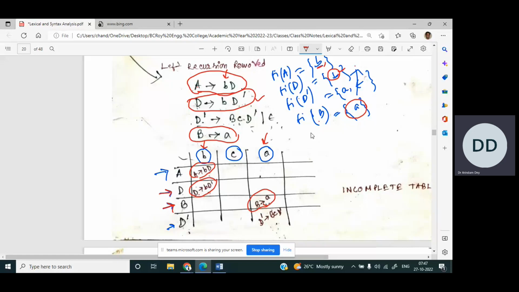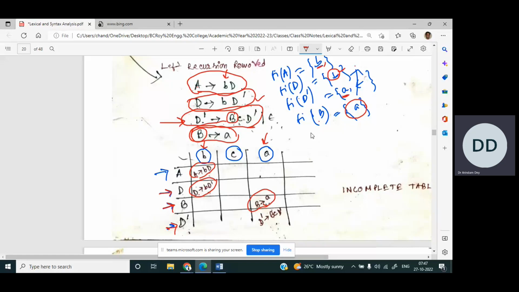Now for the last variable D dash, here for D dash we can find two values, either a or epsilon. I said I may consider, I may not consider epsilon. There is a reason. For the first of D dash, if I consider only a, then a is generated by this production D dash to B C D dash, because first of D dash means first of B, and first of B means this one, right?